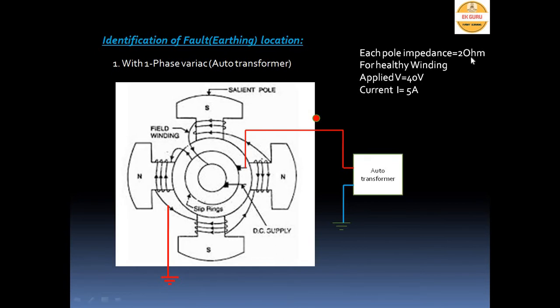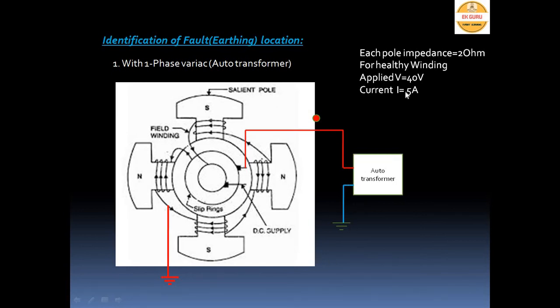For healthy winding, where there is no earth fault, the readings will be like this. The applied voltage is 40 volts, and the current is 0, not 5 amps, pardon me. The current is 0 because there is no earth fault, so there is no closed path for the auto transformer current.